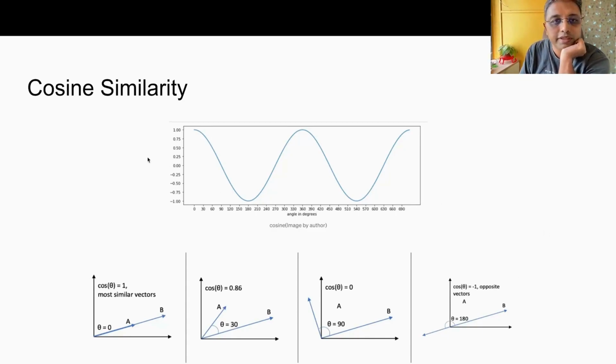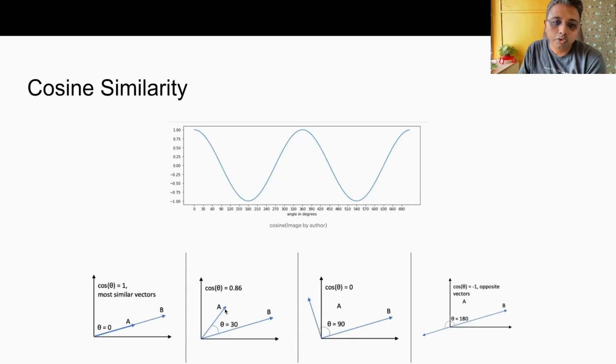As you see, this is the cosine curve plotted, and the value is between -1 and 1, where these are the angles. For the most similar vectors, the cosine value for theta would be 1, meaning both vectors are in the same direction, so they would be most similar.